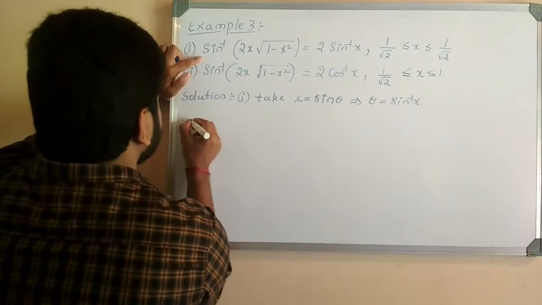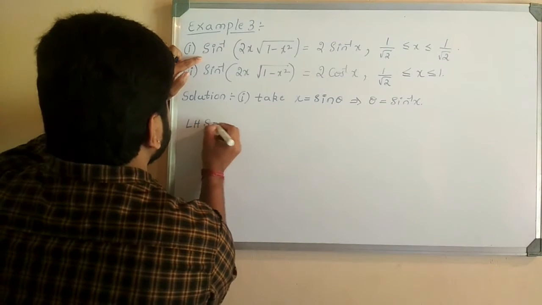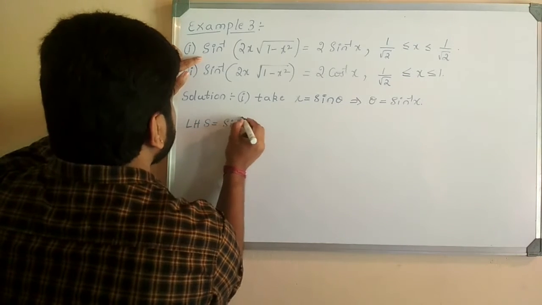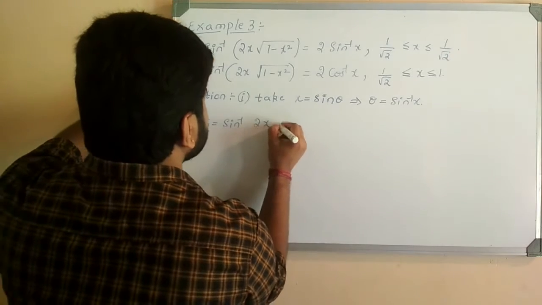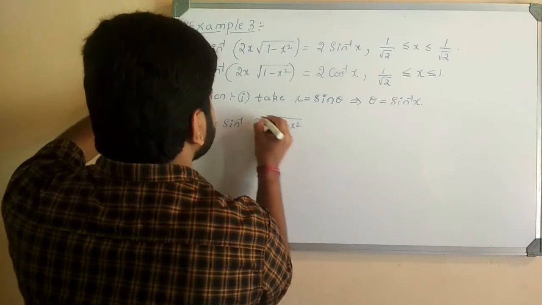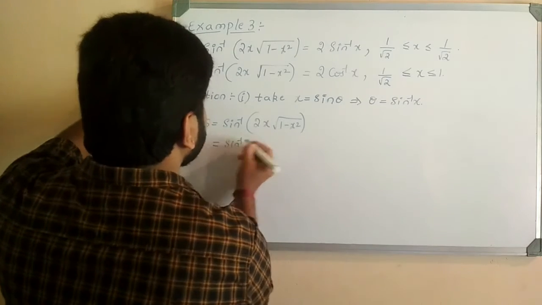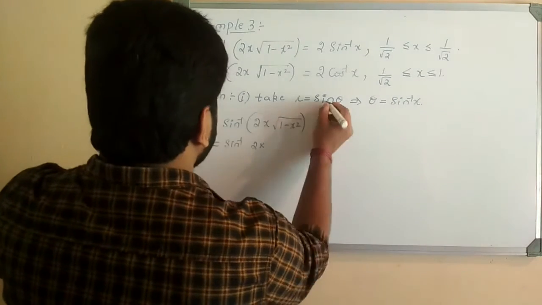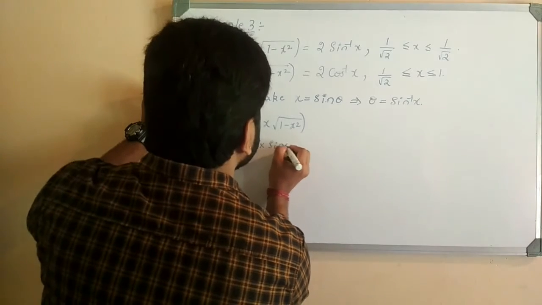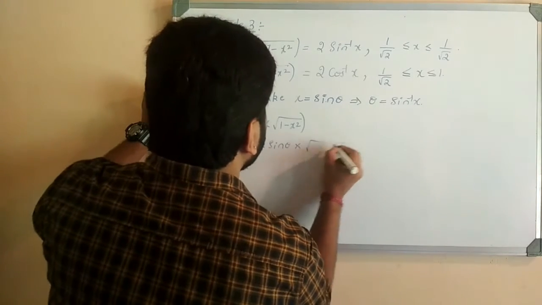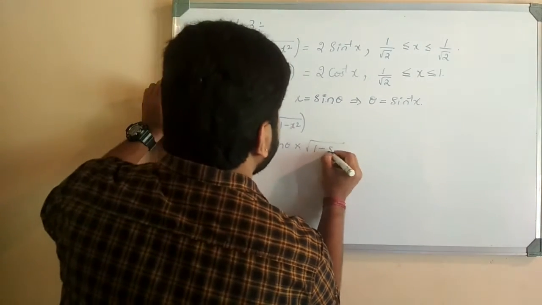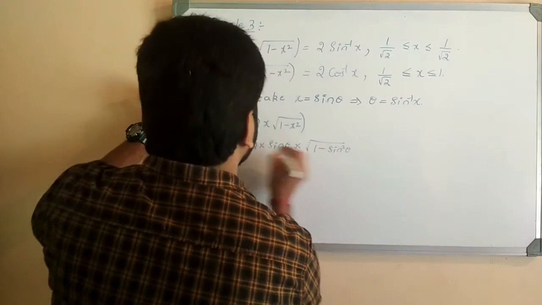So first to consider LHS, that is sin inverse of 2x root of 1 minus x square, which is equal to sin inverse of 2 into x means sin theta into root of 1 minus sin square theta.